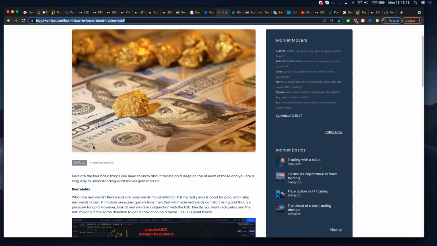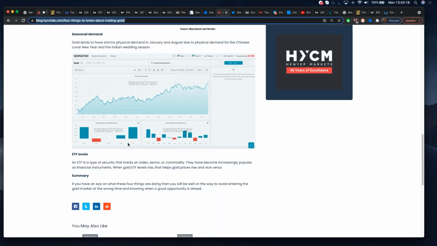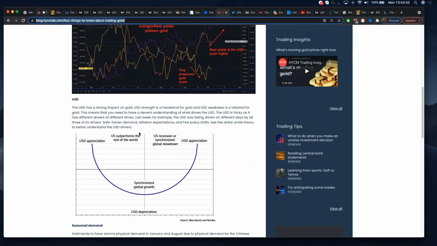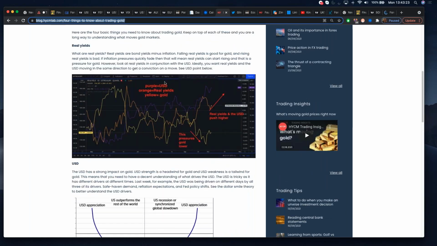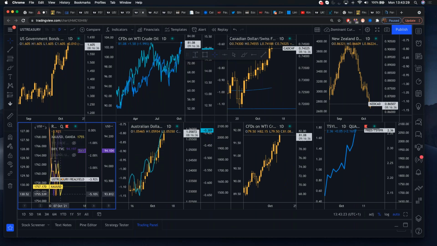So the 4 things you look at for gold are real yields, the US dollar, seasonal demand, and ETF levels. At the moment, the dollar and real yields are really what's pushing gold around. Now, just take a look here and I'll show you what happens.